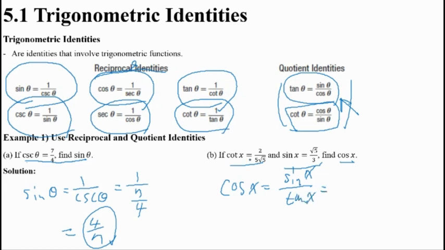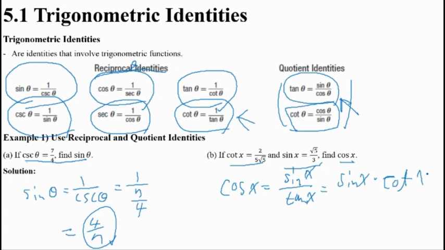But they give a cotangent, and cotangent is 1 over tangent, so it will be just times cotangent x.